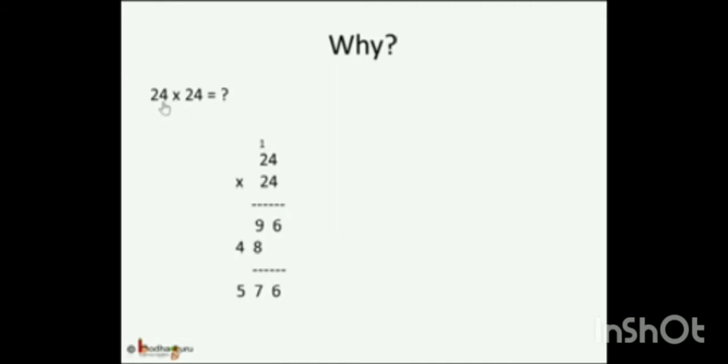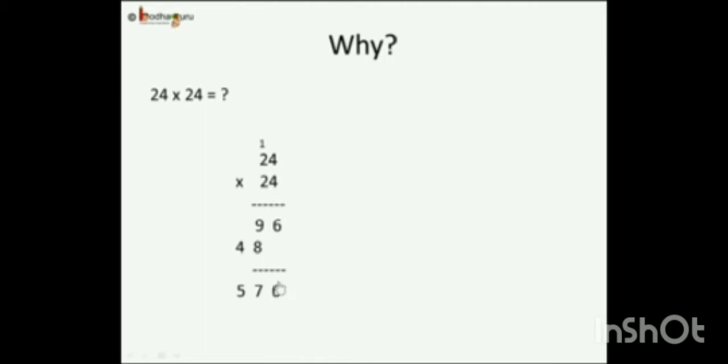Let's take 24 into 24. Just do a normal 2-digit multiplication. 4 into 4 is 16, so 6 will come here and 1 will be carried over. And in the second step, there won't be any number here. It will be blank or 0 here. So 6 plus 0 will be 6. So the ones place in 24 into 24's product will always be 6.